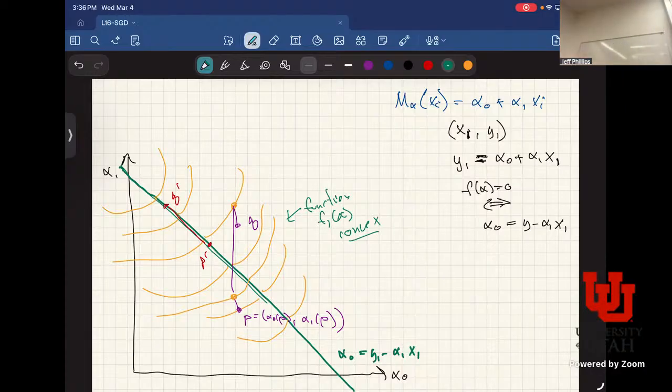What does strongly convex mean? Yeah, so you're thinking of, if it's strongly convex, the function can fit between two parabolas.